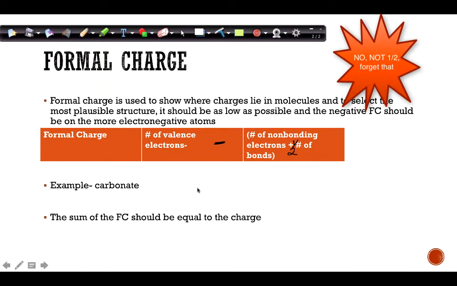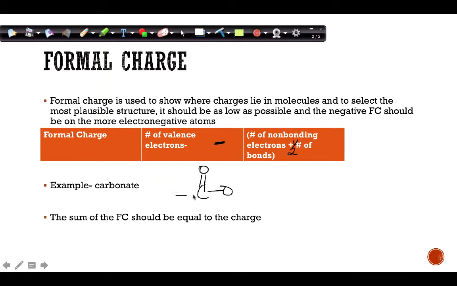All right, so let's look at carbonate. Okay, so we're going to count the formal charge on each of these atoms. And remember, it should be -2. All right, so all the formal charges on this molecule should add up to -2. So let's calculate the formal charge around this oxygen right here. All right, so the number of valence electrons, well, oxygen is in group 6, so it has 6.